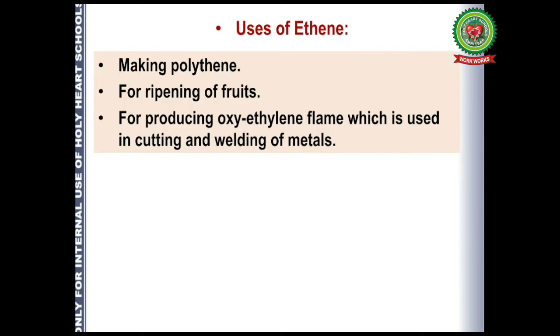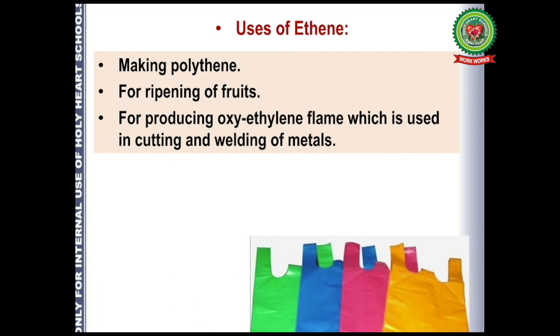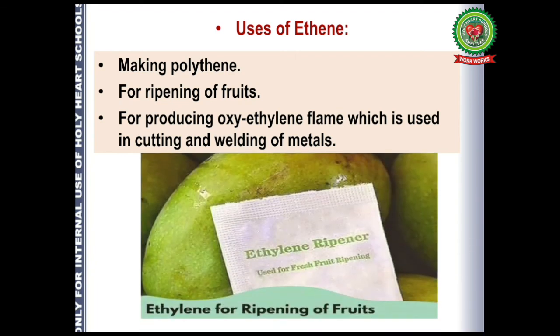The next topic that we are going to study is uses of ethene. Ethene is used in making polythene. As we have seen in the polymerization case, monomers of ethene came together in presence of high temperature and pressure, and this gave rise to a polymer, that was polythene. The next one is that it is used in ripening of fruits.